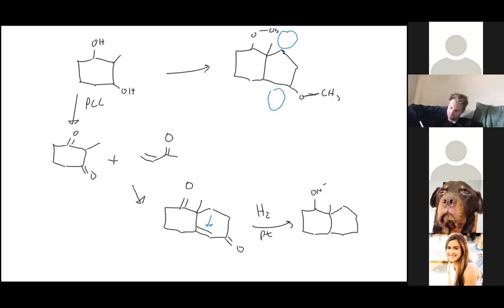This is going to get us really close to our final product. From here, we're just doing a normal Williamson ether synthesis. So we can throw in NaH to pull off the protons on our alcohols, followed by methyl iodide to make ethers.